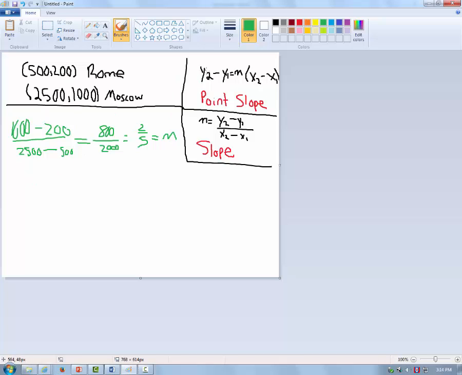Rome is y2, so that'd be 200, and then we don't know the y1, and then we know the slope, so 2/5 times x2, so x2 is 500, and then our second point is x equals 0, because that will give us the y-intercept.